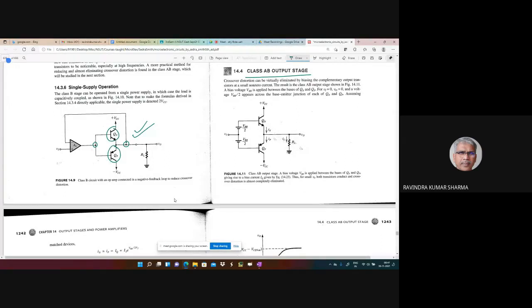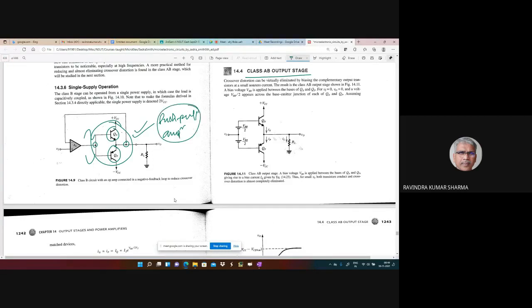That for the positive cycle, Qn is pushed into conduction, and for the negative cycle, QP is pushed into conduction. और दूसरी तरह से, for the positive cycle, QP is pulled out of conduction, and for the negative cycle, QN is pulled out of the conduction. So push-pull, pushing into conduction, pulling out of conduction. So this arrangement is called the push-pull amplifier. Class B push-pull amplifier.